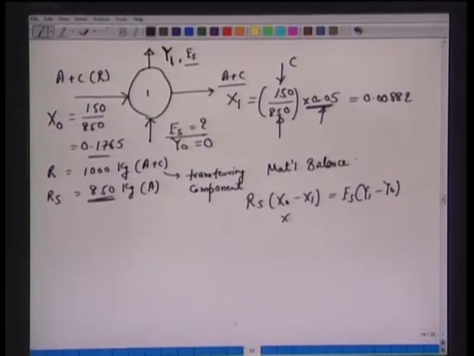Note here x0 is greater than x1 and Y1 is greater than Y0, because this phase picks up the transferring or diffusing component C. Of course, a very simple problem, everything is given here: RS is known, x0 is given, x1 is given, Y0 is 0, and the question is how much ES is required.